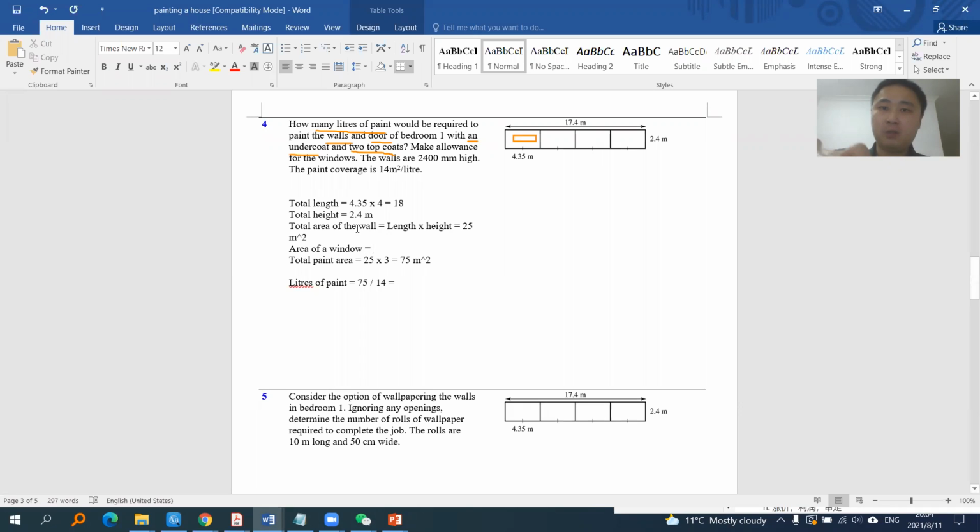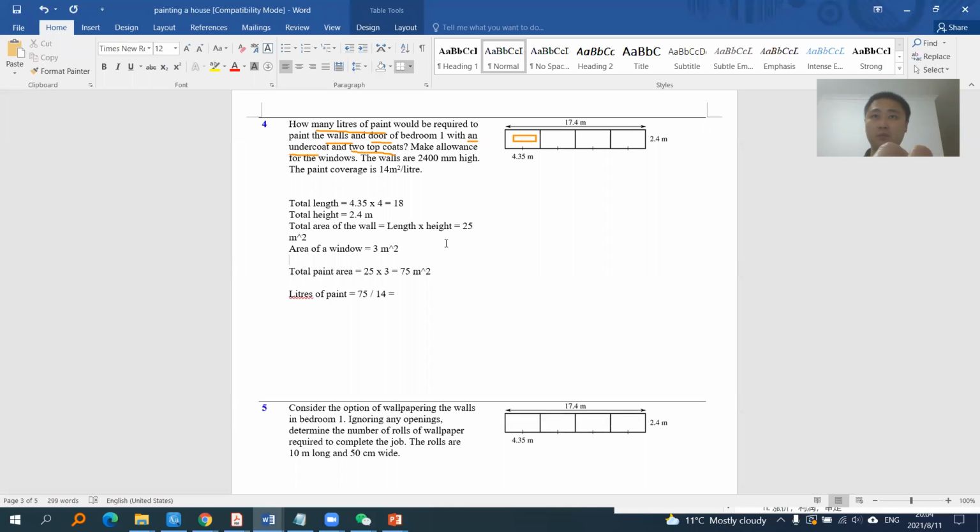For example, if it equals 3 meters square, then for the painted area, the area of the wall except the window.